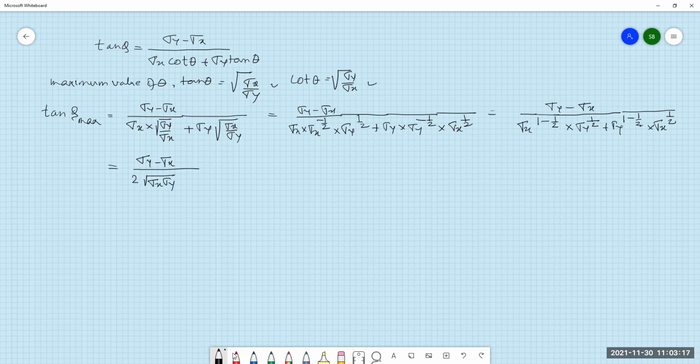What is the angle theta? That theta is the angle between the plane AC and the plane ABC, which is the normal plane.